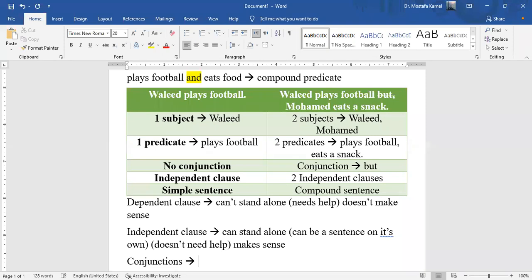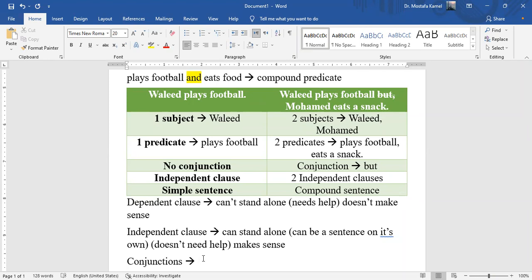Muhammad, the independent clause has a subject and has a predicate. The clauses are separated by conjunctions or commas. Okay, Yusuf, can you tell me what are the conjunctions that we're going to study today?